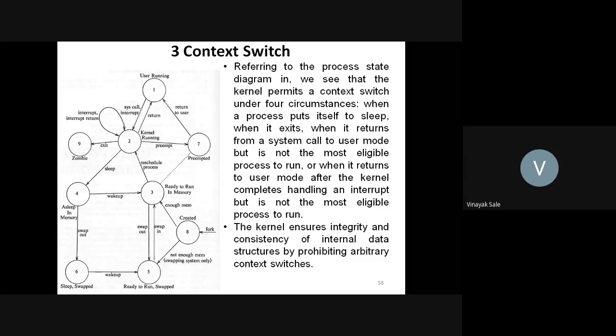When it returns from the system call to user mode, but is not the most eligible process to run, that is, it goes from the user mode, from step first, from user mode to kernel mode, but that process is not ready to execute, so it goes to the preemption state.